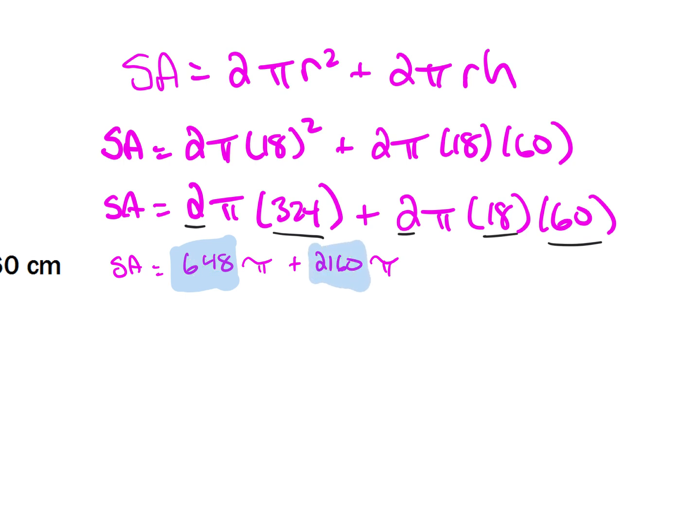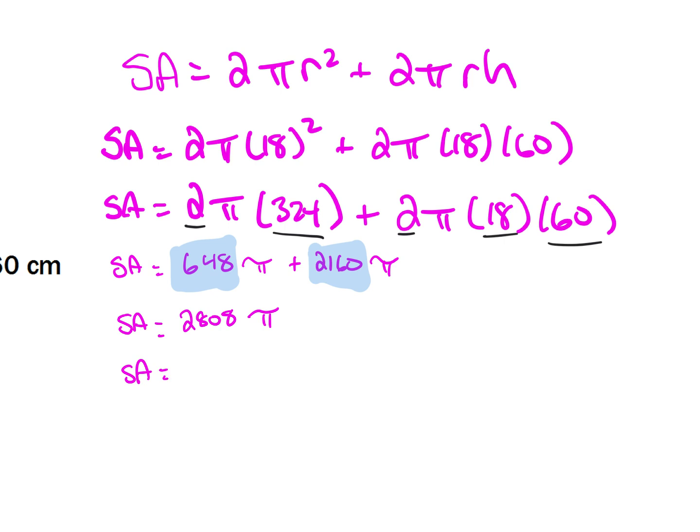But when we have 648 pi plus 2,160 pi, we can add those numbers together to figure out how many pies we have. The reason why we might do this is so that we don't have to get a bunch of crazy decimals twice and then have to add them together. It'll save us work. So if we add those numbers together, we are going to get 2,808 times pi, and then we'll work it out at the end.